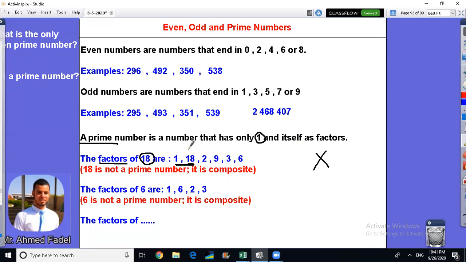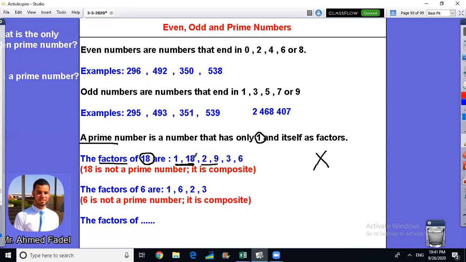If yes, then it is a prime number, but unfortunately, there are other numbers that you can multiply to give you 18. And this one just depends on how well you know your times tables. If you know your times tables very well, then you know that 2 multiplied by 9, so 2, 9, gives us two other factors.